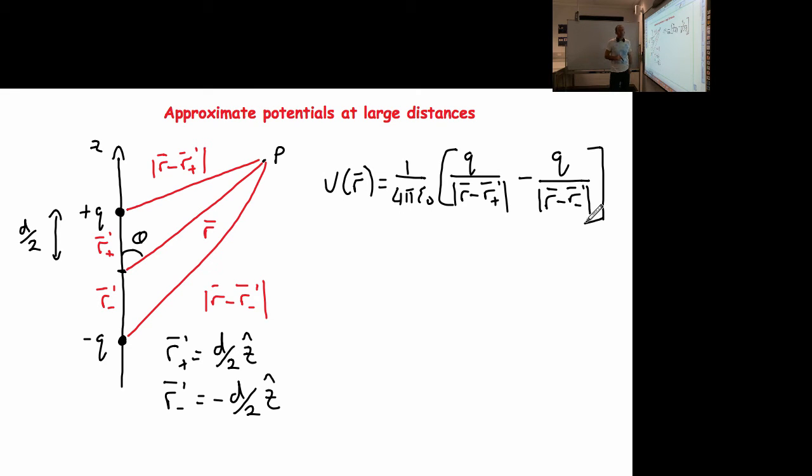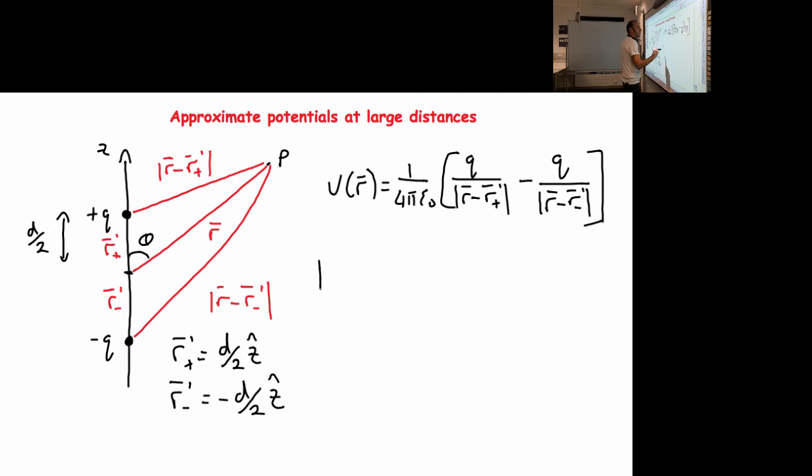Now from the law of cosines, we can write out the magnitude of our separation vectors. So we have R minus R prime, and I'm going to square it to get rid of the square root on the other side, for either the plus or the minus.